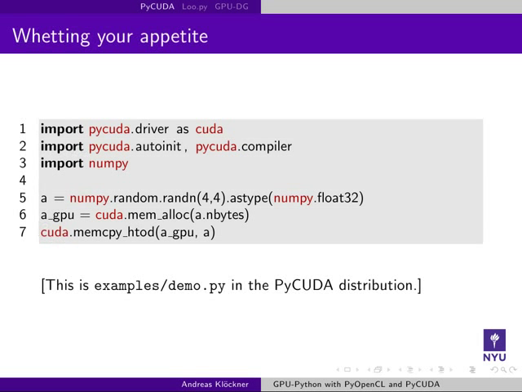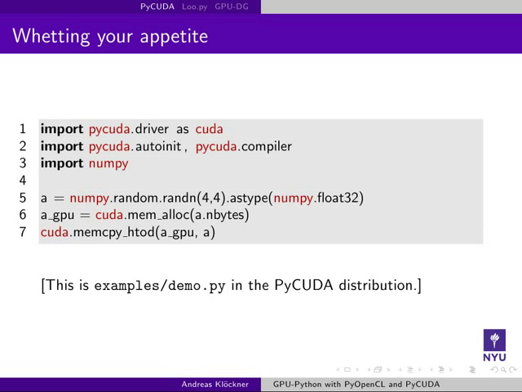PyCUDA. Why not start with a code example? I hear you guys like code early in the morning. This looks very, very similar to the PyOpenCL version of things. So instead of PyOpenCL, we import pycuda.driver as cuda. I'll show you why it says driver here in a minute.